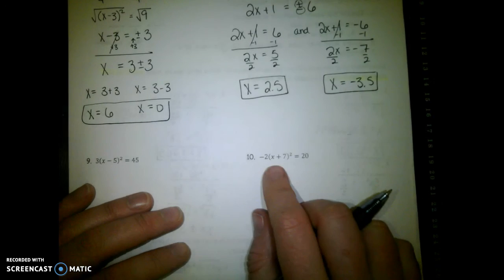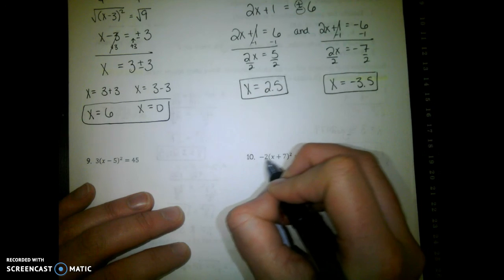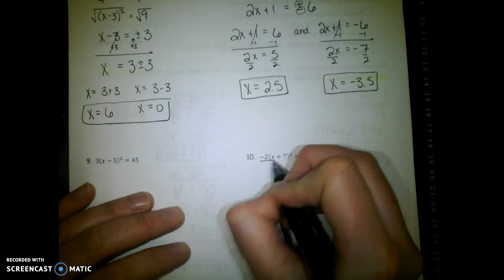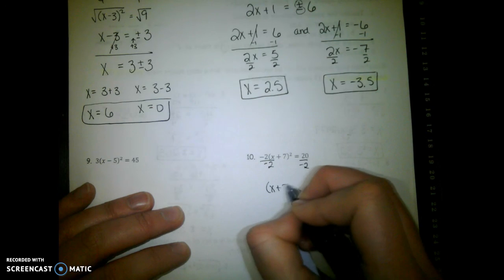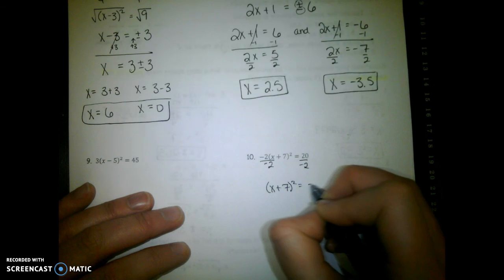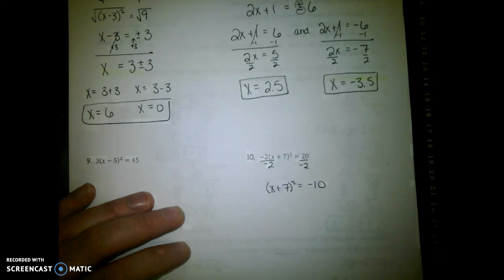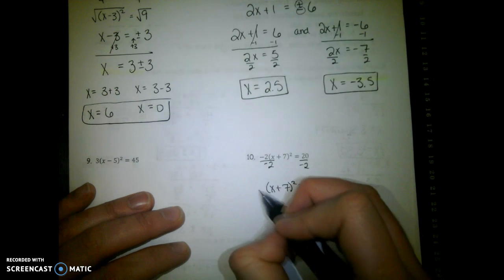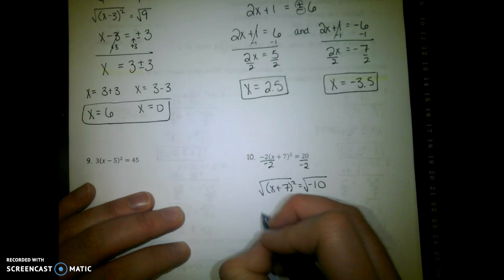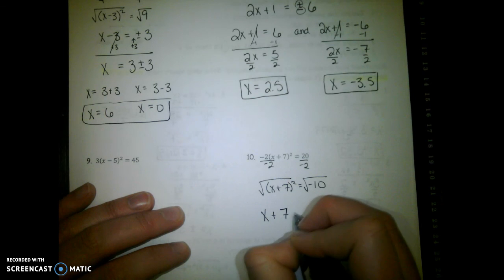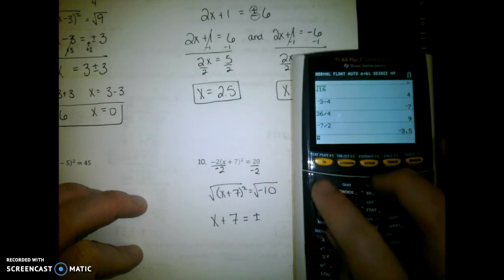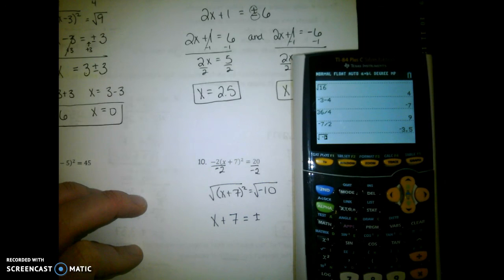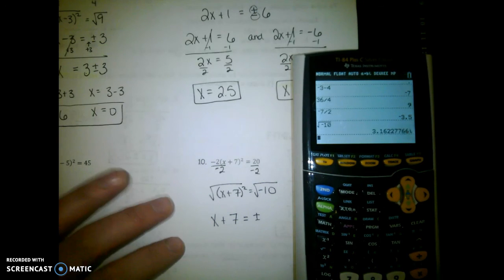Okay, number 10 should actually be pretty quick. We do have a number in front, so I'm going to divide both sides by negative 2. To undo the square, we do a square root. So x plus 7 equals plus minus, and I try to do the square root of negative 10 in my calculator.